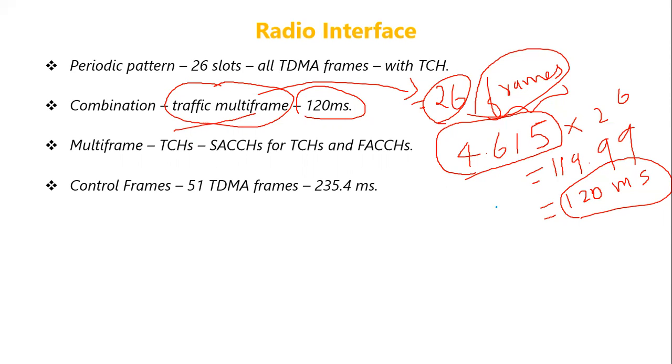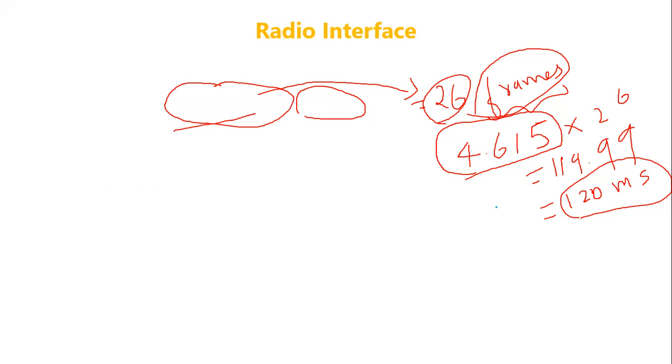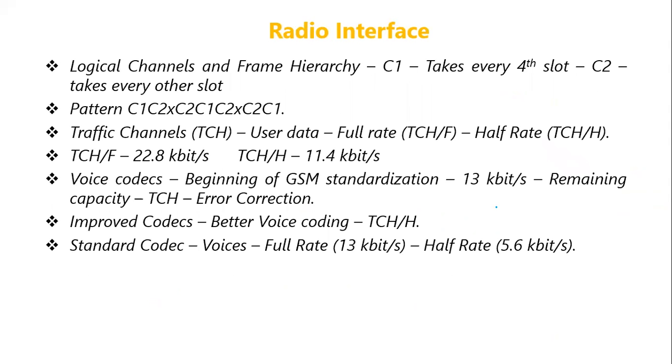All signaling information of TDMA is put together in one particular multi-frame, and that multi-frame is called control multi-frame. And control multi-frame consists of 51 TDMA frames.